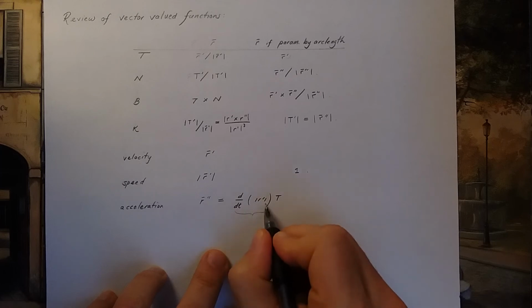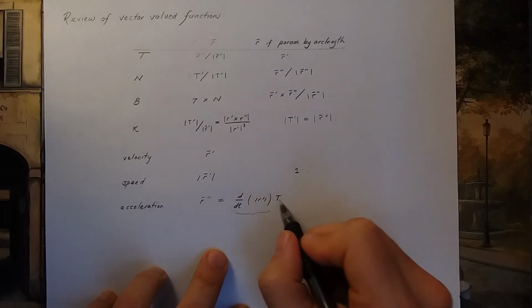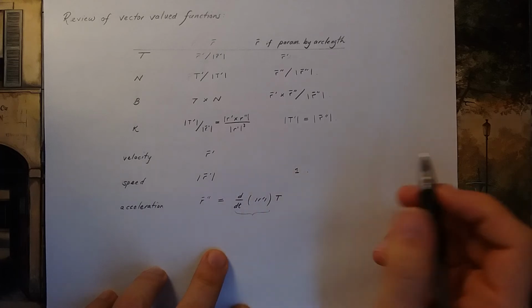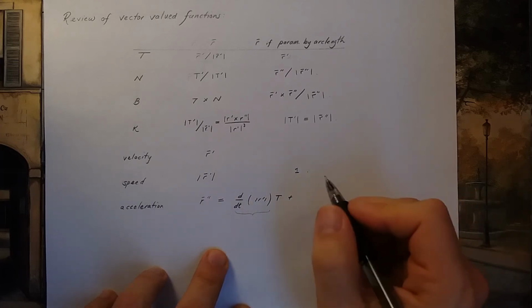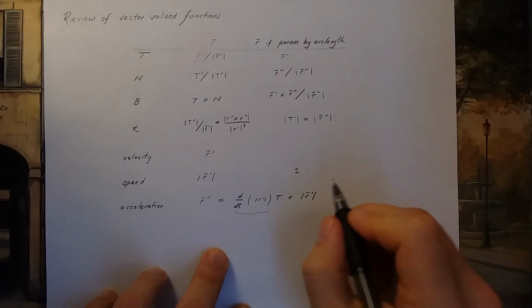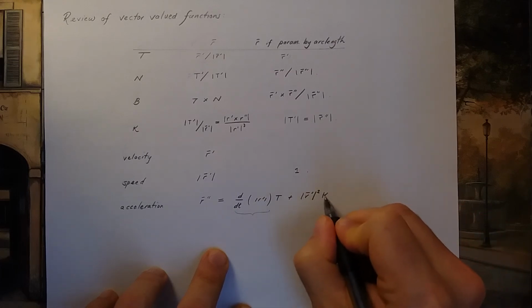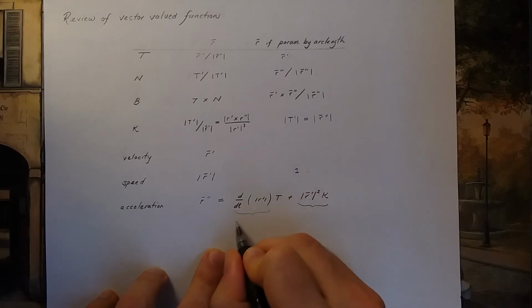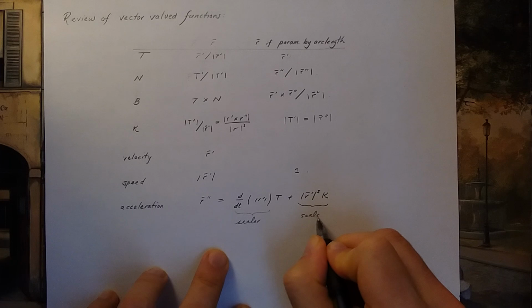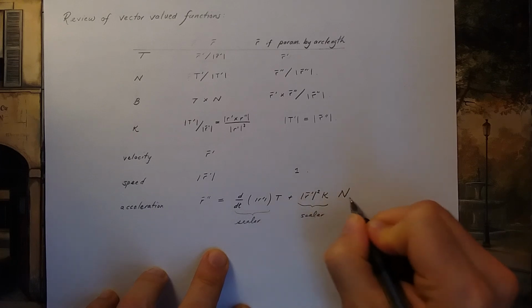This is a scalar, like a constant function. T is a vector, so you're getting a scalar times a vector, plus the speed squared times the curvature. This is another scalar function, times the unit normal vector N.